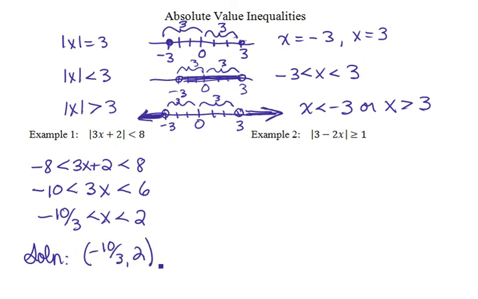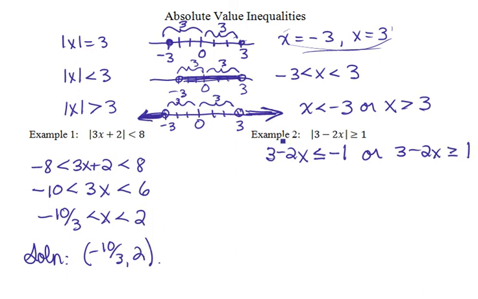All right, now let's try a greater than. Notice here I've got greater than or equal to, which is simply going to allow me to use the equality as a solution also. Now this is a greater than, so we're looking at being farther away from 0. It gives us two separate pieces. Whatever is in the absolute value can be less than or equal to 1 unit away on the left, which is negative 1, or it can be greater than or equal to 1 unit away on the right, which is positive 1.